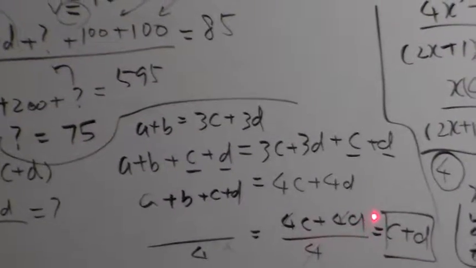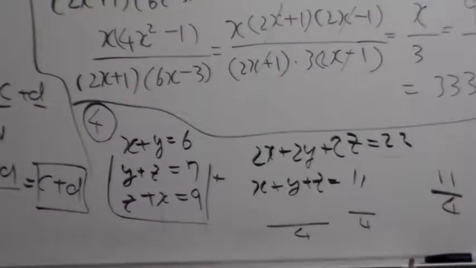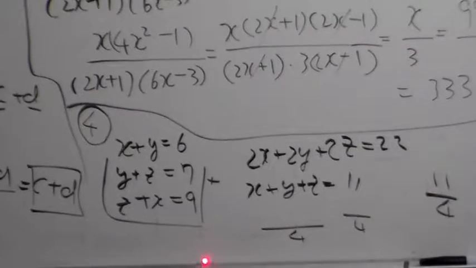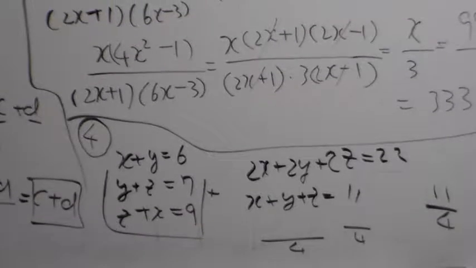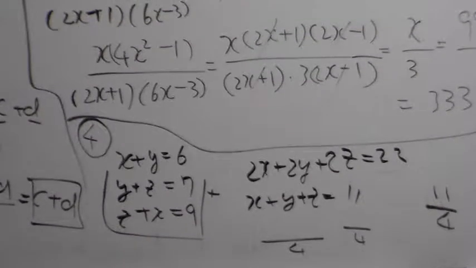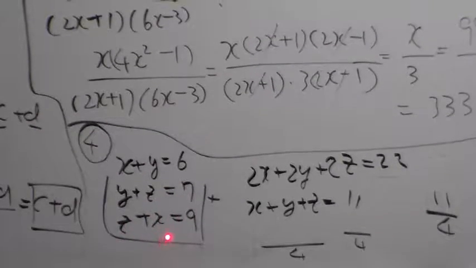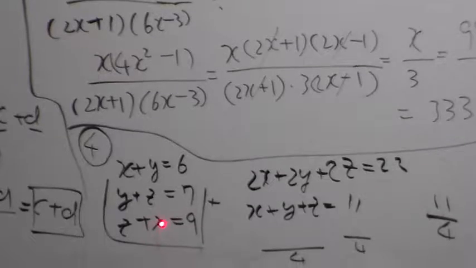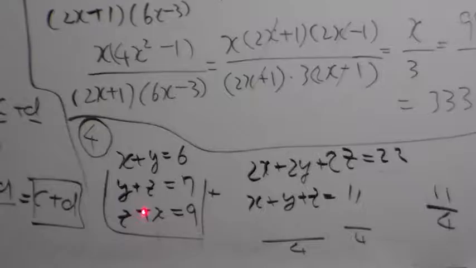And number 4. Number 4, once you know this one, you are not at a loss in your exam, but if you don't see this one, you're going to be confused and embarrassed. Okay, they say x plus y is 6, y plus z is 7, z plus x is 9. What is the average? We are familiar with trying to find x, y, z by equation, and you can do that, but it's time consuming.